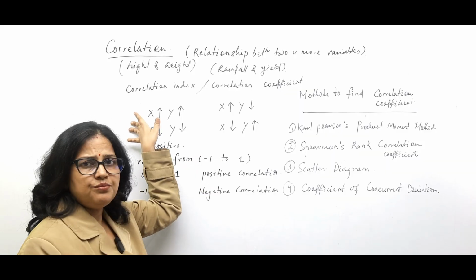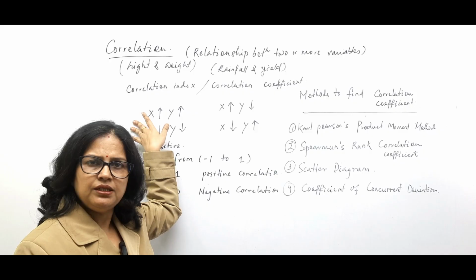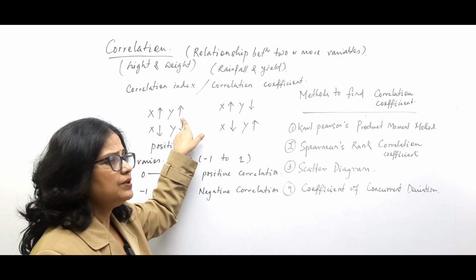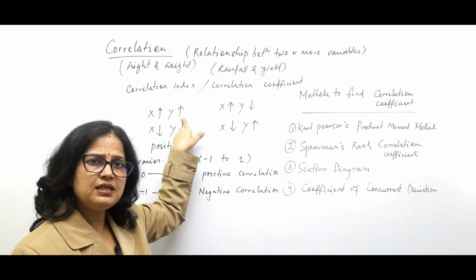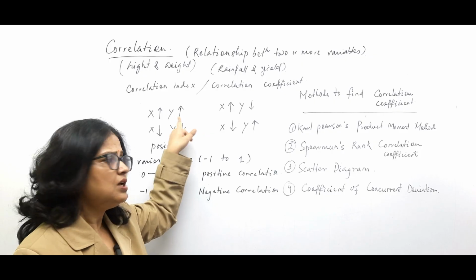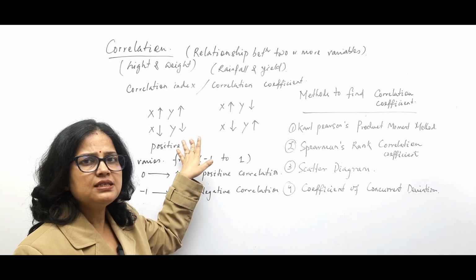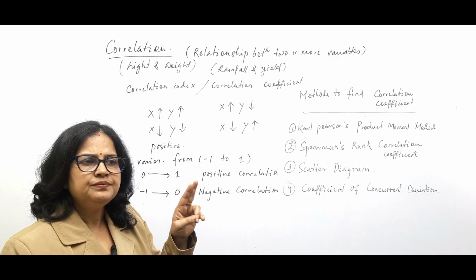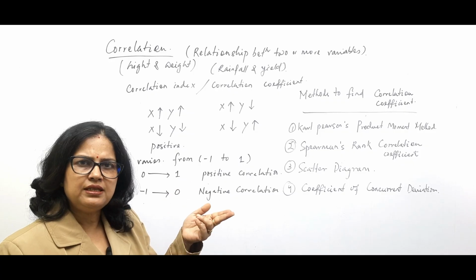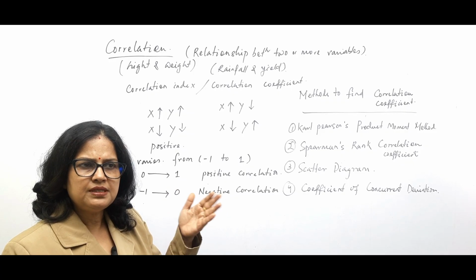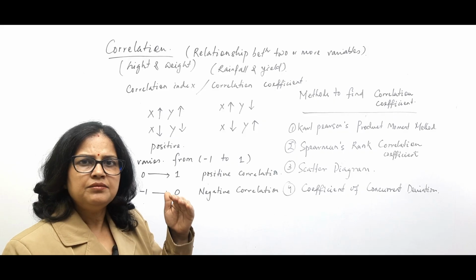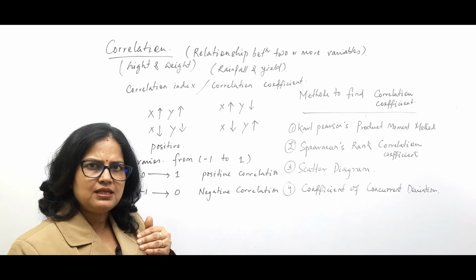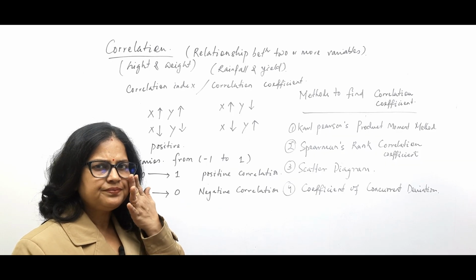Correlation may be positive or negative. If the x variable is increasing and y is also increasing, or x is decreasing and y is decreasing, then it is positively correlated. They may not change at the same rate, but if one is increasing, the other is also increasing, or one is decreasing and the other is also decreasing, we say it is a positive correlation.